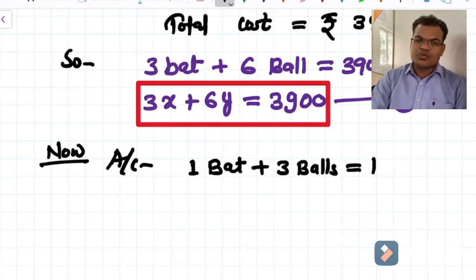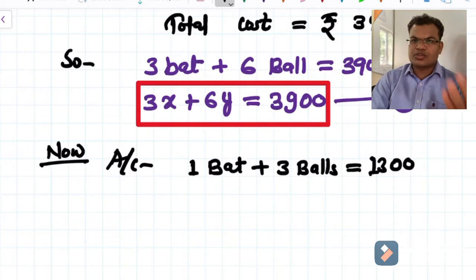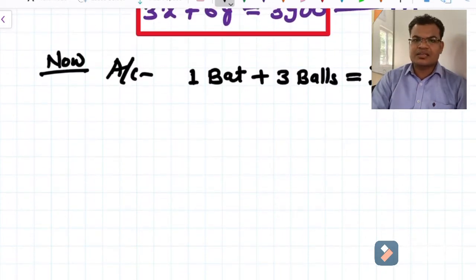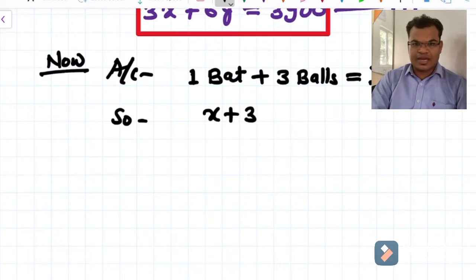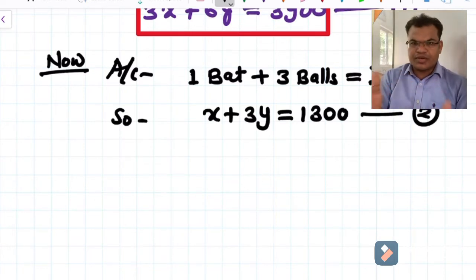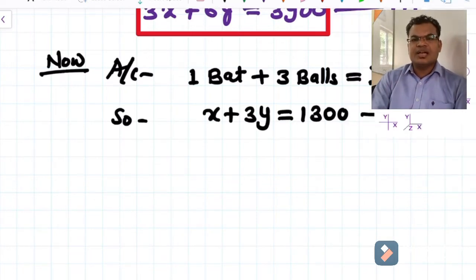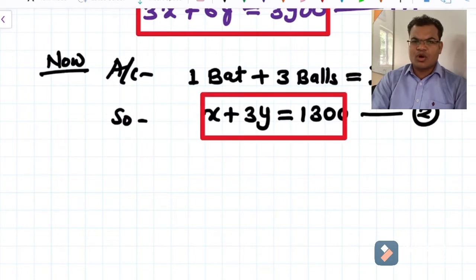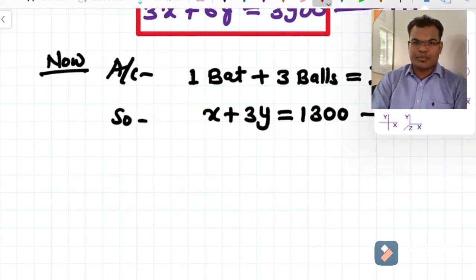One bat costs X rupees, so you put here x plus 3 balls, or 3y, is equal to 1300. Right. So in this way we are getting the second equation, and we'll put it in a box so that it will be highlighted properly.